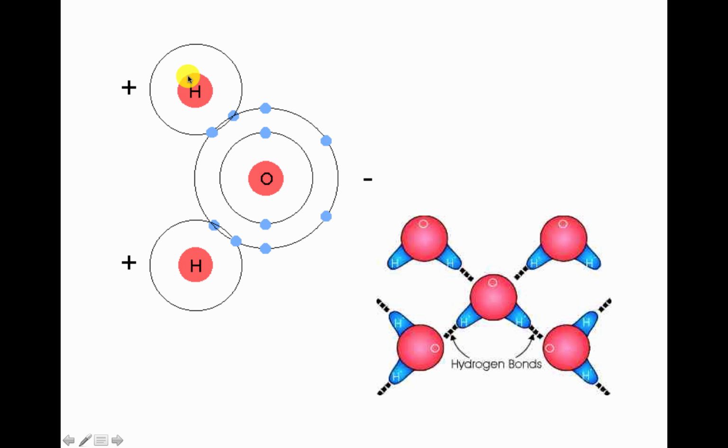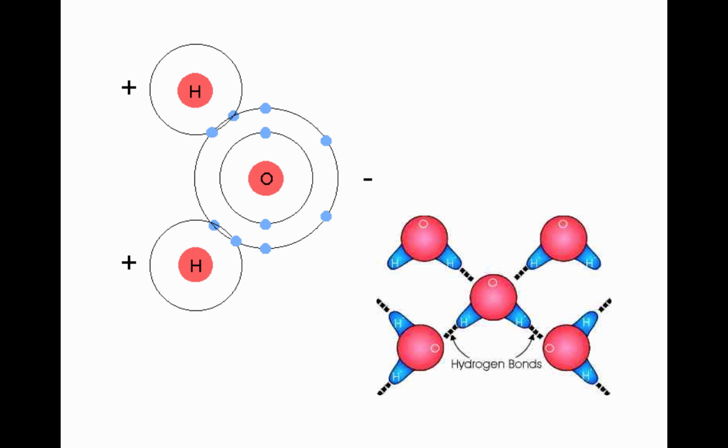However, you go to the hydrogen, there are no electrons. There's nothing. There is just a proton. That proton is positively charged. So the number of electrons at the hydrogen end is much less. Thus, they are positively charged very slightly, but enough to make it a polar covalent bond. It has polarized the water molecule.